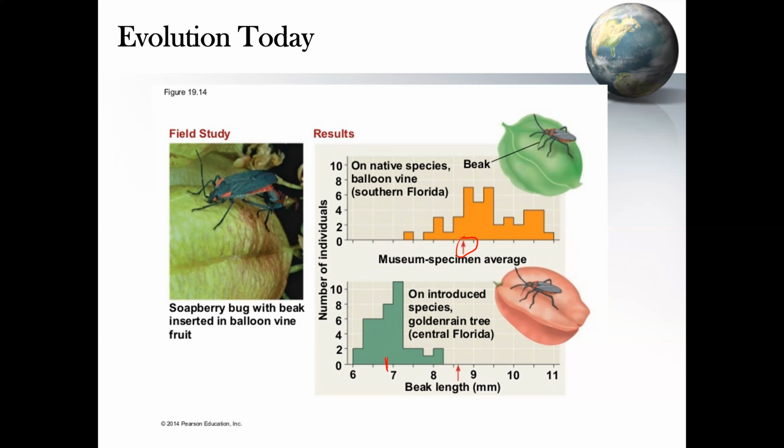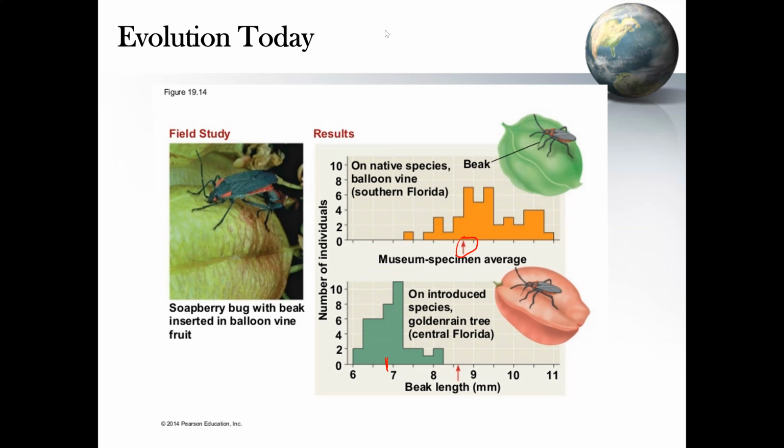It's a lot lower because they don't need that really long beak to get to the seeds. So over generations, soapberry bugs with a shorter beak were more successful, made more babies. And now the whole population of soapberry bugs have shorter beaks on average. So this is evolution today.